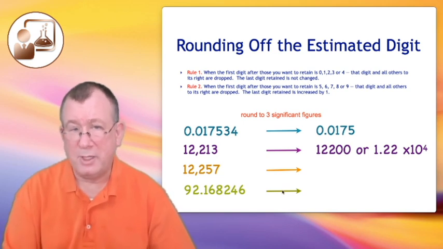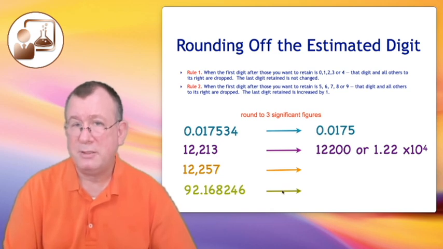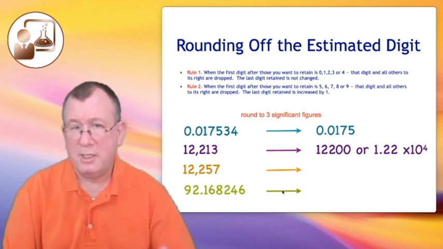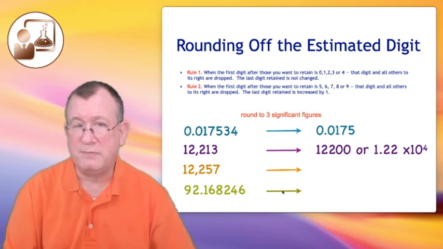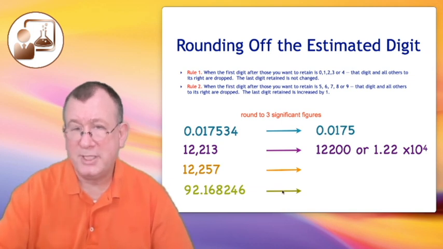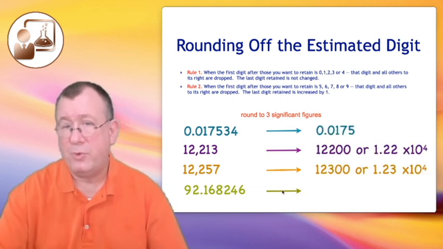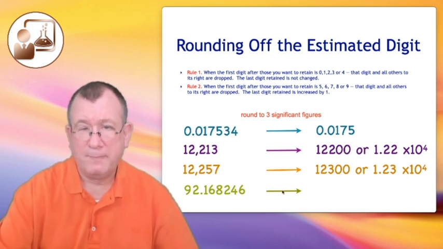Okay, now on the next one, that's very similar, but do you see how the 5, 7 is more than 50% of the way to the next digit? What would you write if I asked you to round that off to 3 sig figs? You'd write 12300, or in scientific notation, 1.23 times 10 to the 4th.